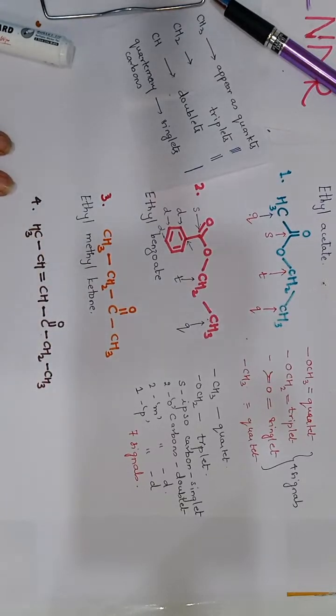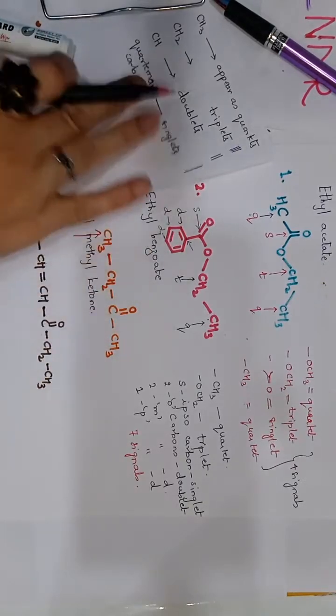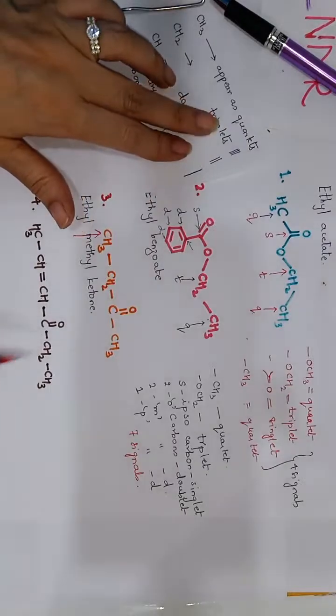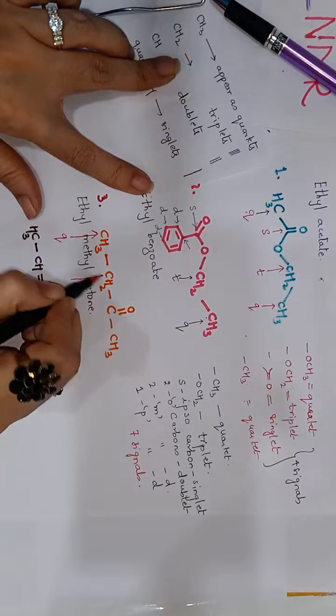Let us see the number of signals here. CH3 appears as a quartet. CH2 will appear as a triplet.